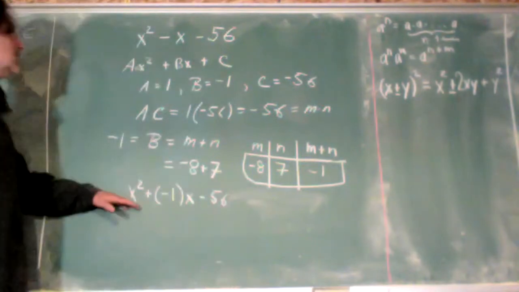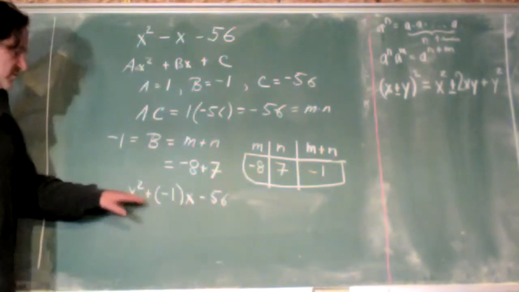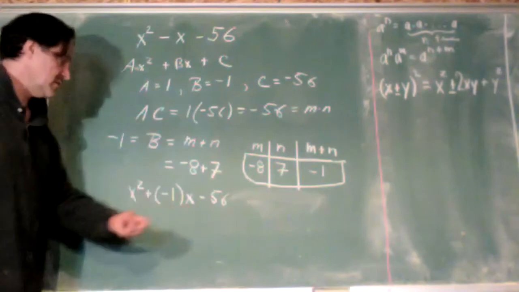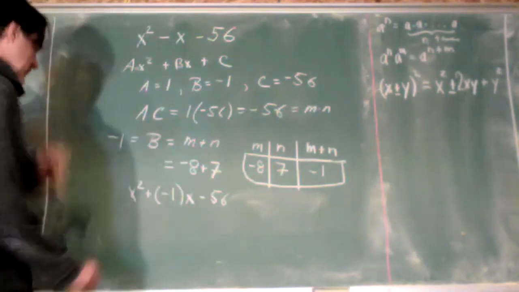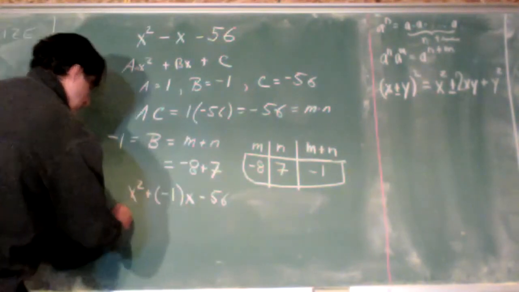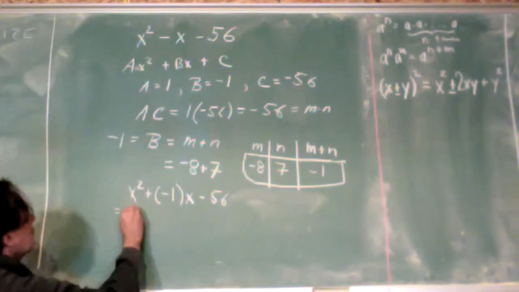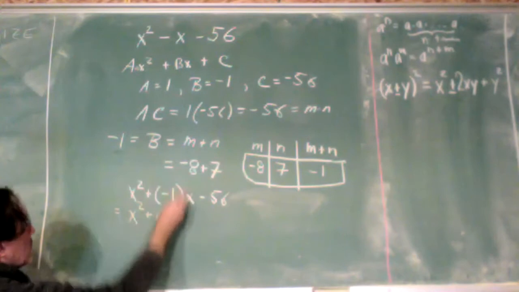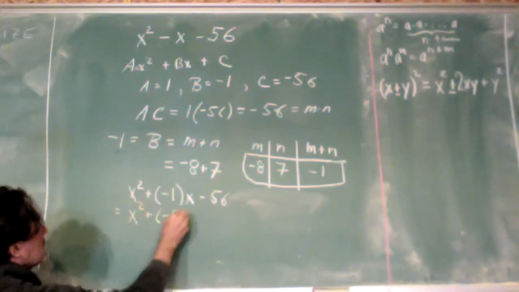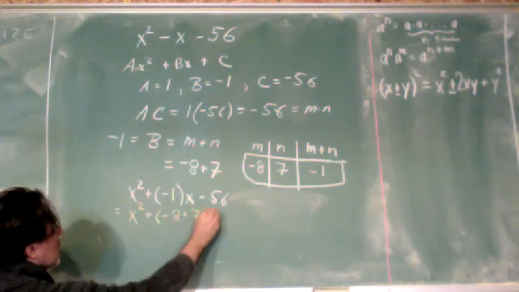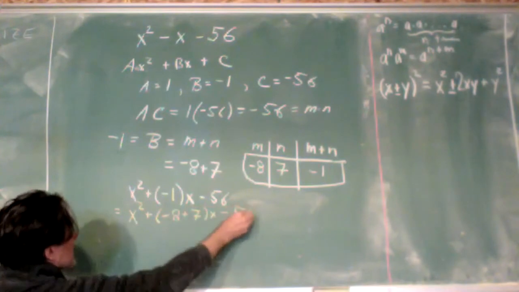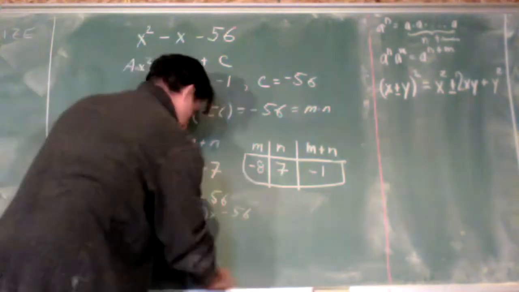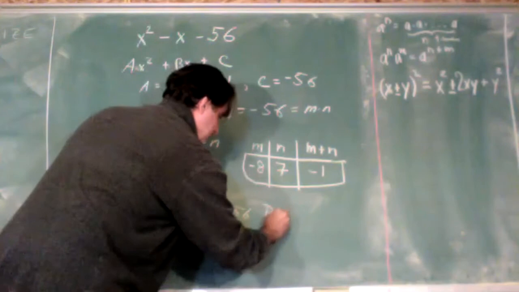This is our original, x squared minus x, which I've written as plus -1 times x, -56. This is equal to x squared plus, now I replace -1 with -8 plus 7, x minus 56.